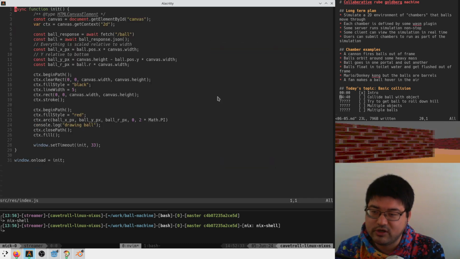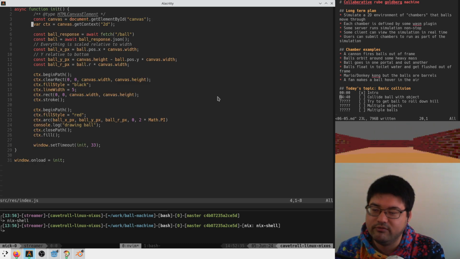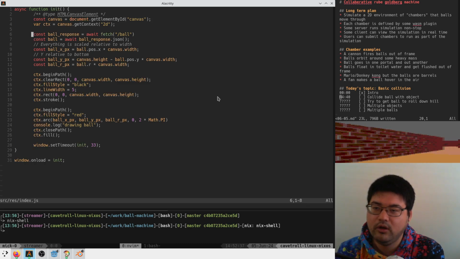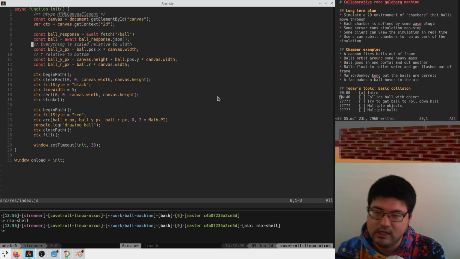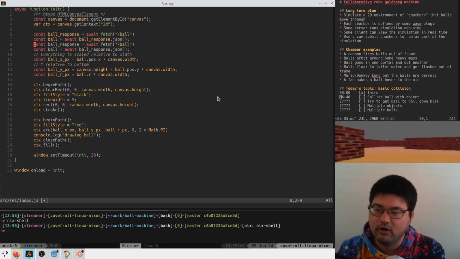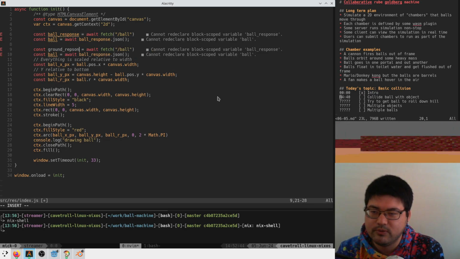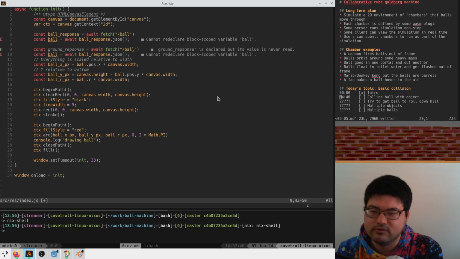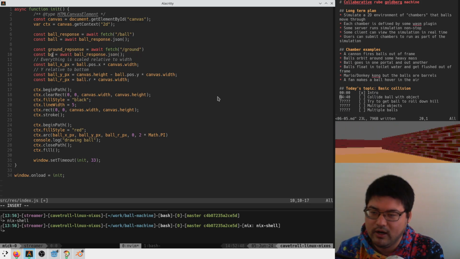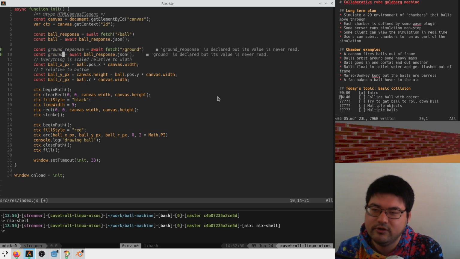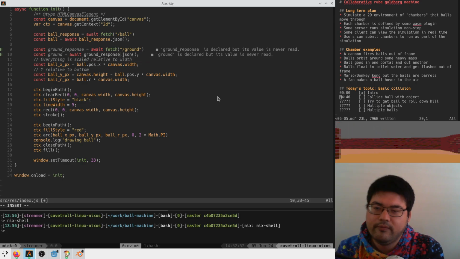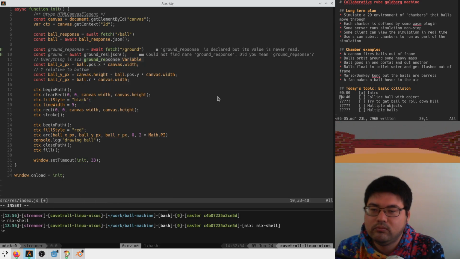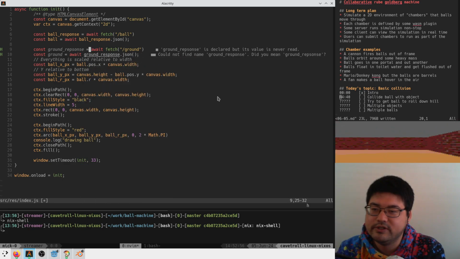Now in our index JavaScript, we should be able to get both the position of the ground and the ball. So here we're going to get our ground response. Response comes from ground, and the ground is the JSON of the ground. Response. Did I spell it wrong here?